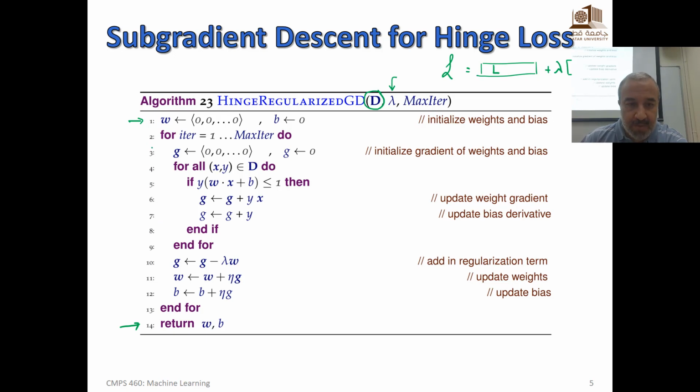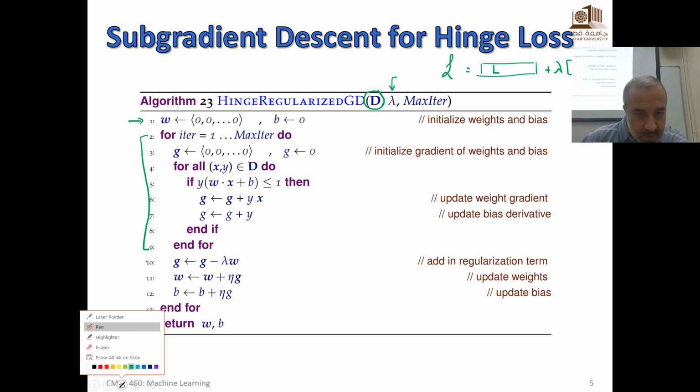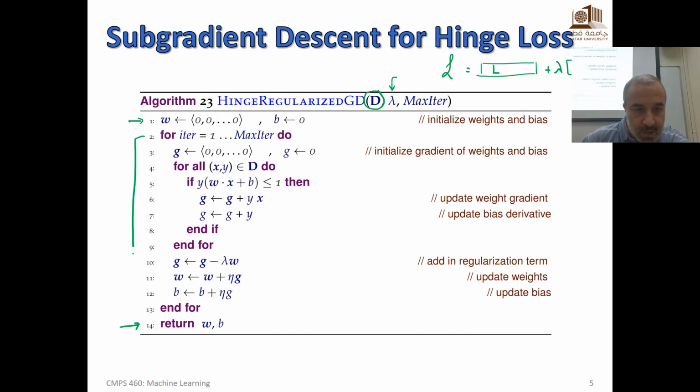Then you'll see from line number 2 to line number 13, this is a loop, right? That goes from 1 to max iteration. So we will repeat the lines 3 to 12 max iteration times. Let's say 5 times or 10 times.